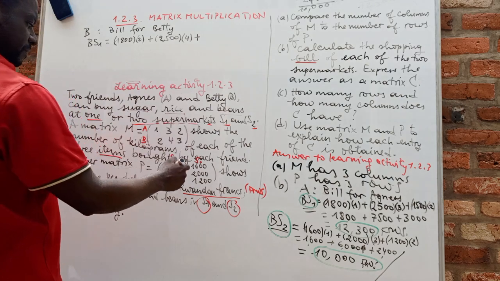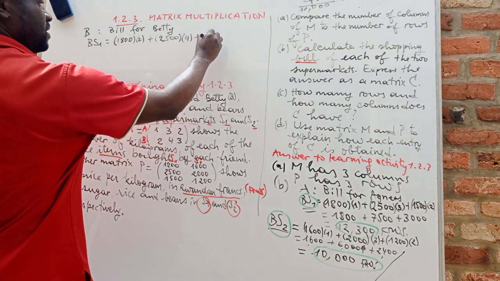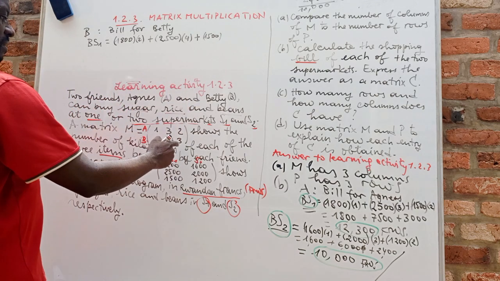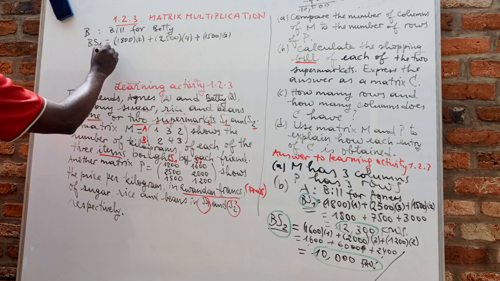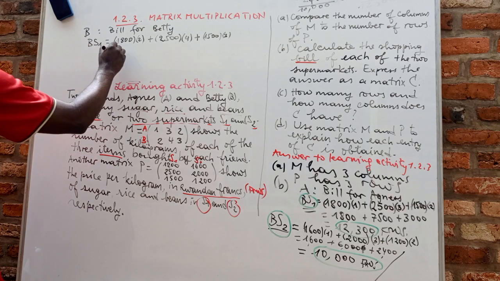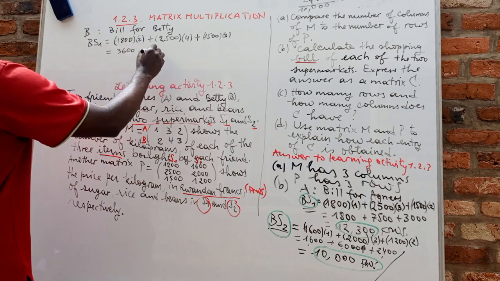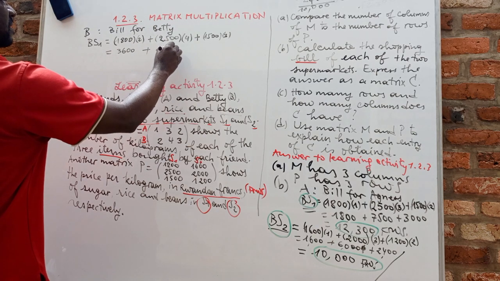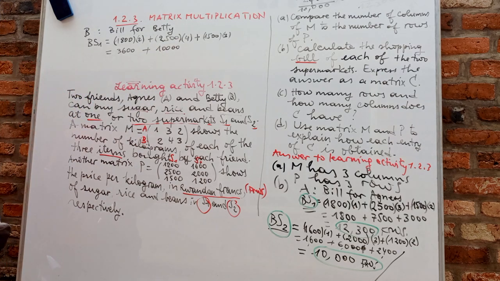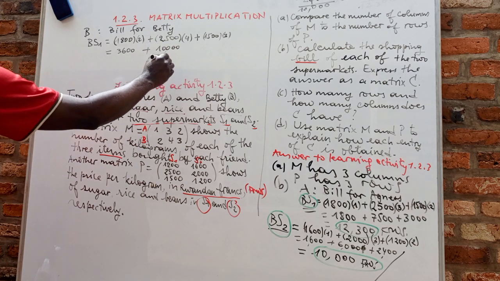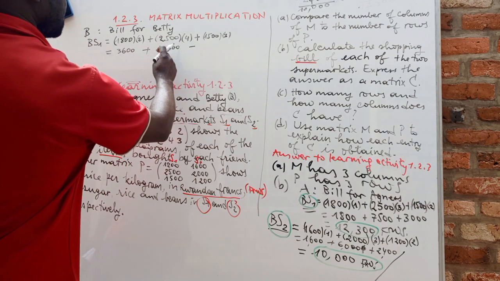Now here, times 1, so 1,500 times 3, okay, so this is 3,600 plus 10,000.